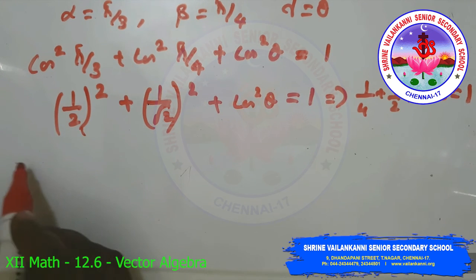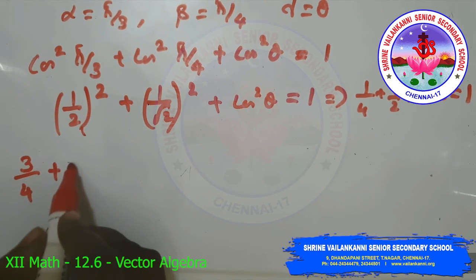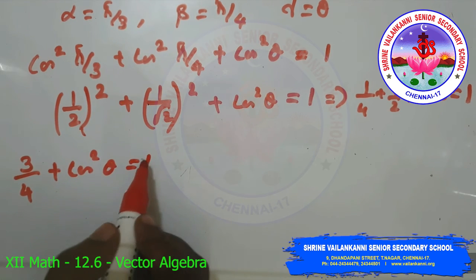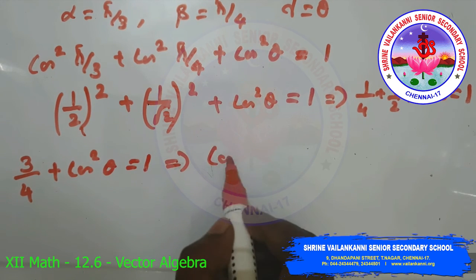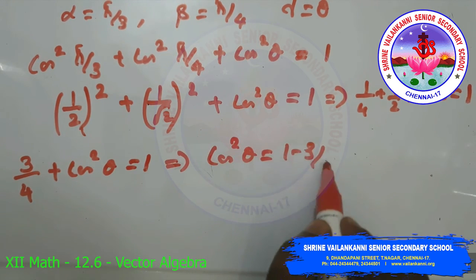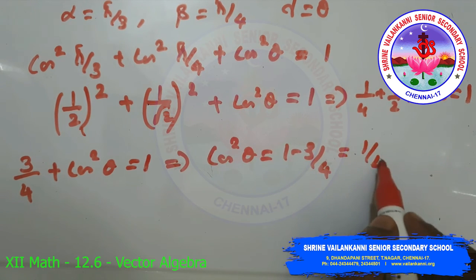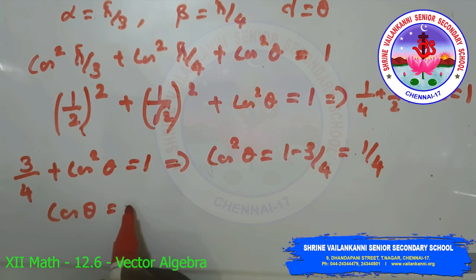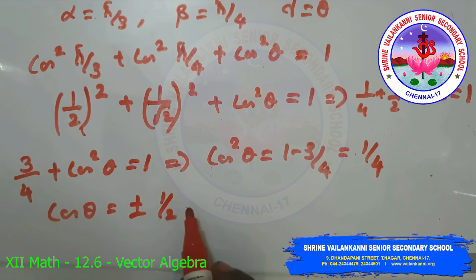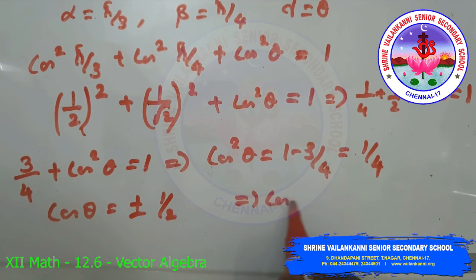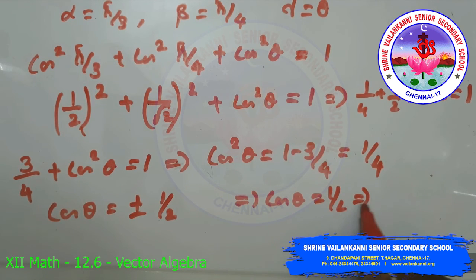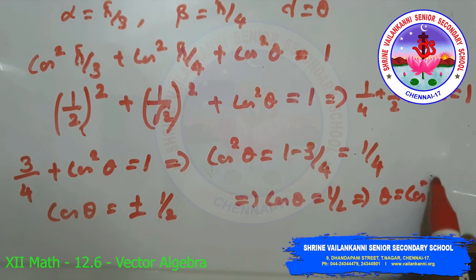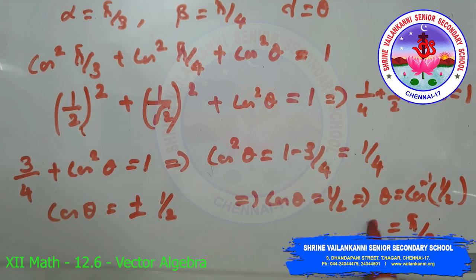Taking LCM, 3 by 4 plus cos square theta, which is equal to 1, which gives that cos square theta is equal to 1 minus 3 by 4, which is 1 by 4. So cos theta equal to plus or minus half. Since theta is an acute angle, cos theta equal to half, which gives theta equal to cos inverse of half, which is equal to pi by 3. So theta equal to pi by 3.